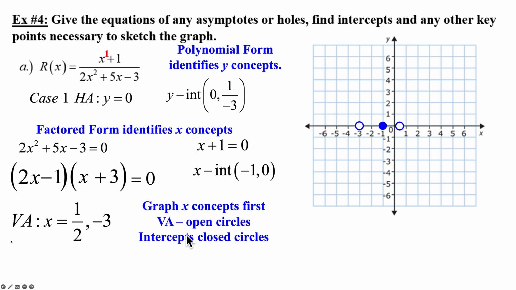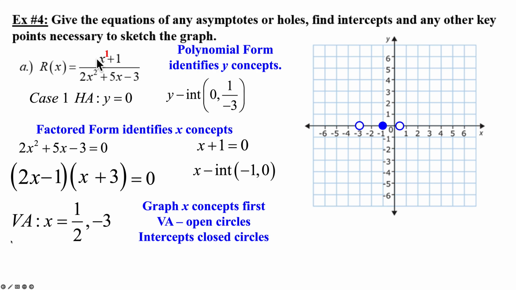Now, the next thing we're going to do is something we learned back about that right-hand behavior. Because these are polynomial functions. Remember, we discovered it didn't matter if it was an odd power or an even power. If your leading term was positive, your right-hand behavior is going to be positive.